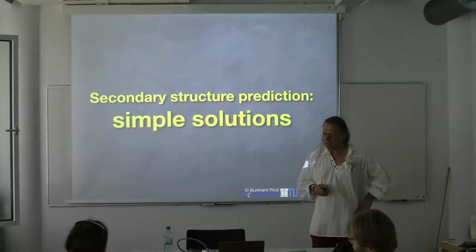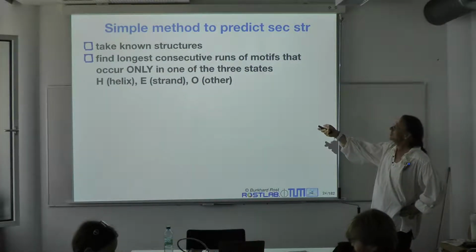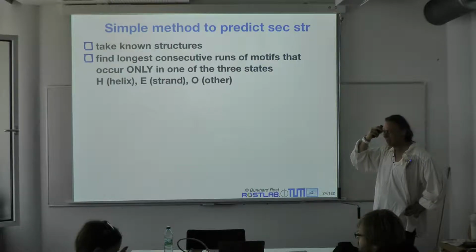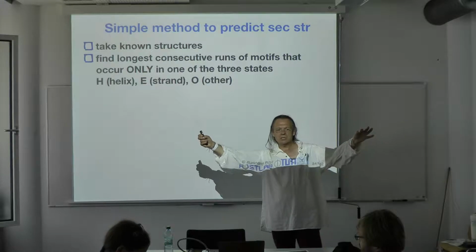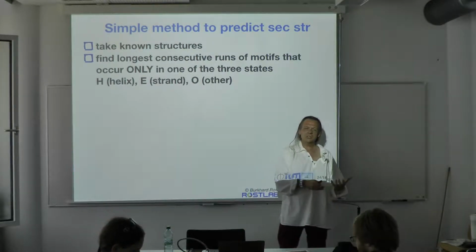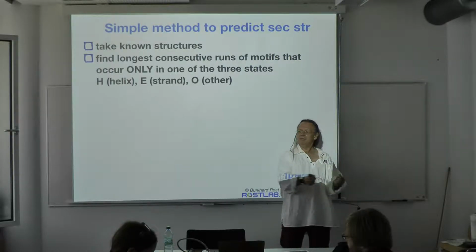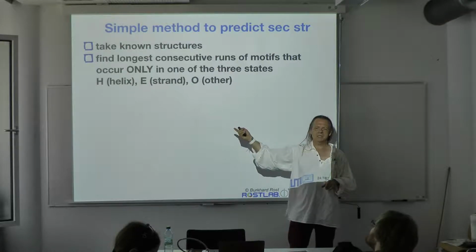Okay, let's go into simple solutions for secondary structure prediction. The way we do that, we take known structures, find the longest stretch that is always in a helix, the longest stretch that is always in a strand, the longest stretch that is always in a loop, and then when we have our new sequence, we simply match it to these stretches that we found in the database, right?